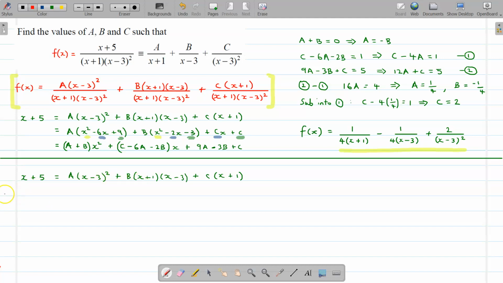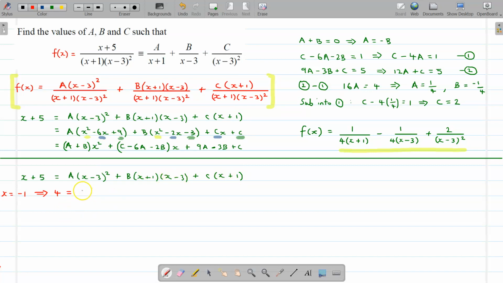So in other words, if x equals -1, that would give us on the left-hand side, -1 plus 5 is 4. And on the right-hand side, what would happen? This bracket would be 0, and so would this one. You see, because if I put -1 for x in there, that becomes 0, and that becomes 0.